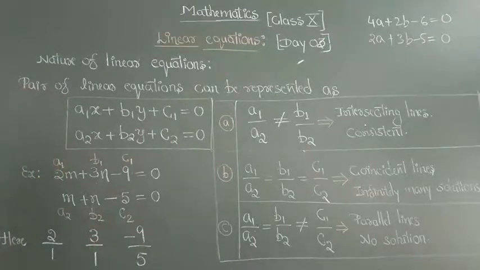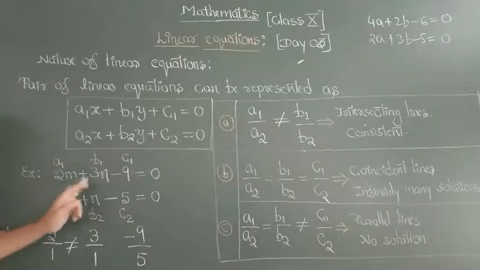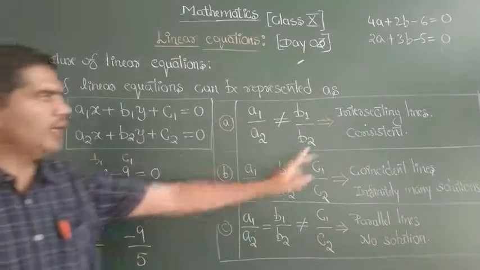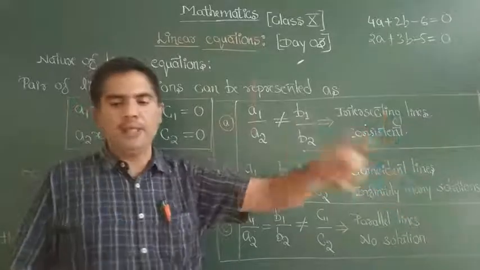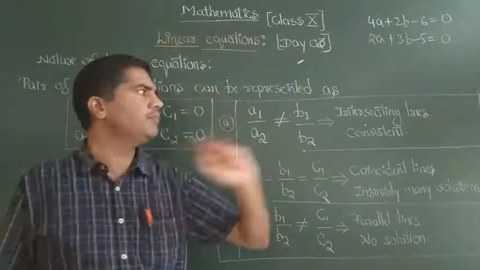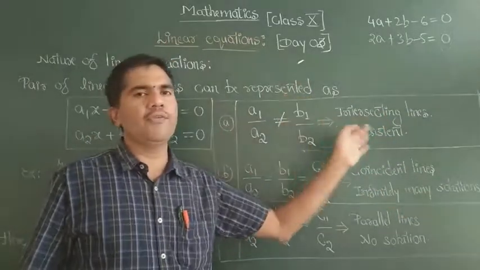Let me cross check now. a1 by a2 is not equal to b1 by b2 here, so I need not go that side. When a1 by a2 is not equal to b1 by b2, immediately you can say those two lines have a single solution and they are consistent lines.